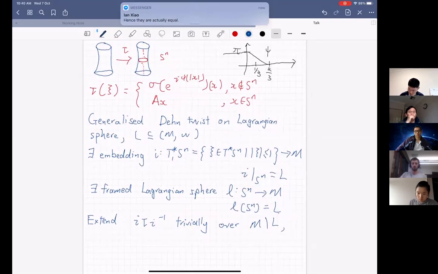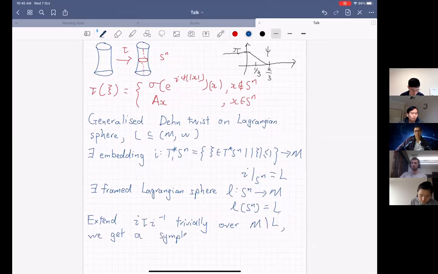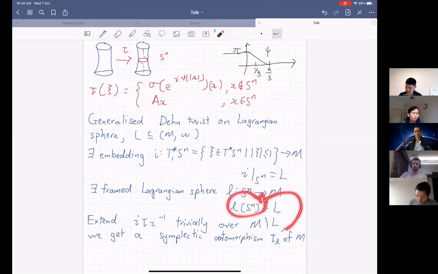And then we get a symplectic automorphism of M. You can see that I put an L here. So this embedding is recorded in this Dehn twist. But we will discuss later that actually this embedding is not very important. Any question?